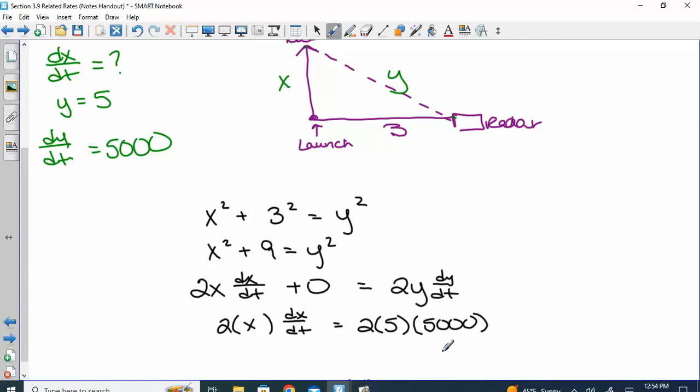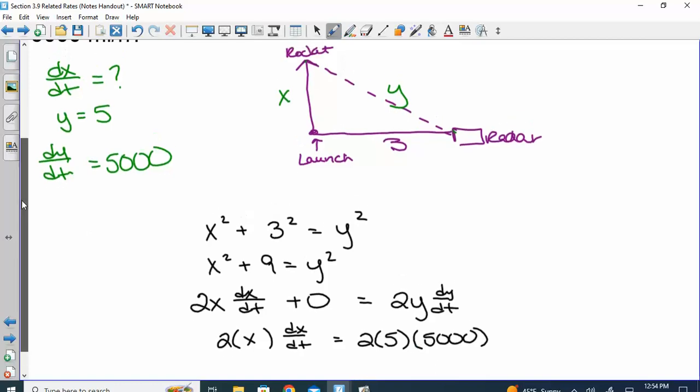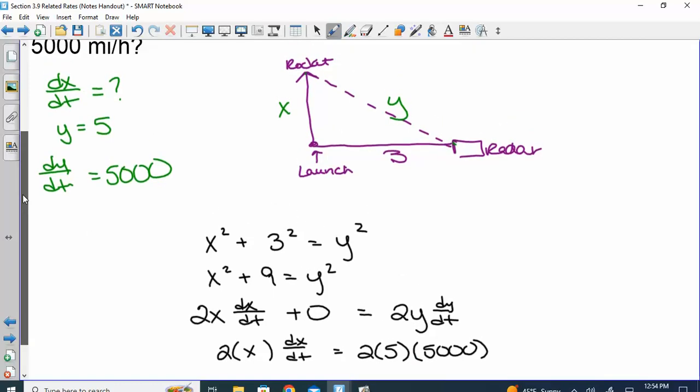Plug y into x squared plus 3 squared equals y squared. Yes. So good. We have this equation with our sides. But we know at the particular instant that I need my x, my y was 5.